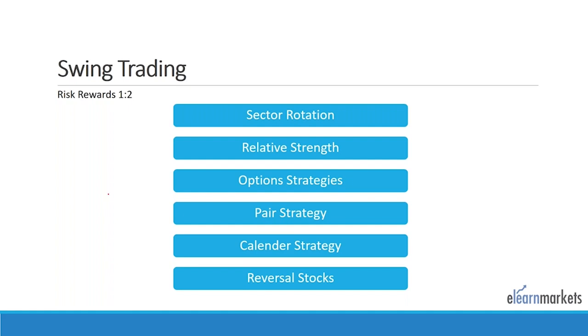Pair strategy can be done in two different ways. One is you purely rely on the statistical pair, where you try to figure out the mean reversion. The second is you try to see the strength of one stock vis-a-vis another stock which has a very high correlation with it. Now, pair strategies typically don't have a stop loss. There you will have to carry your position, so for a retail trader, it's a very risky strategy to deploy.